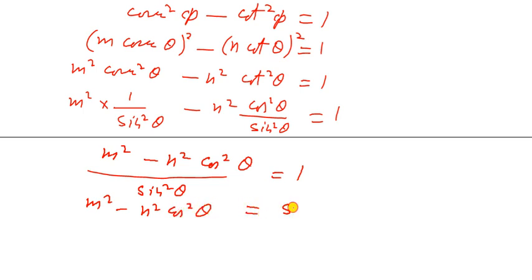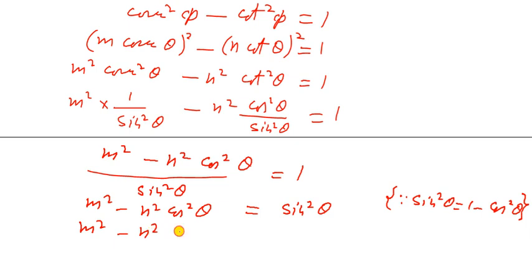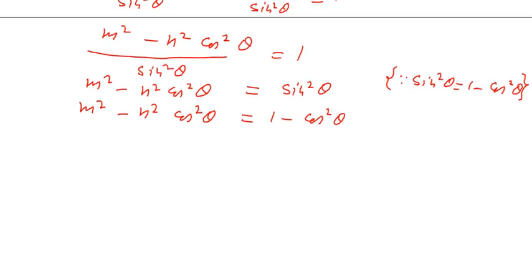So sin square theta multiplied to the right hand side. So we get m square minus n square cos square theta is equal to sin square theta. As you know, sin square theta is equal to 1 minus cos square theta. So it is m square minus n square cos square theta is equal to 1 minus cos square theta.